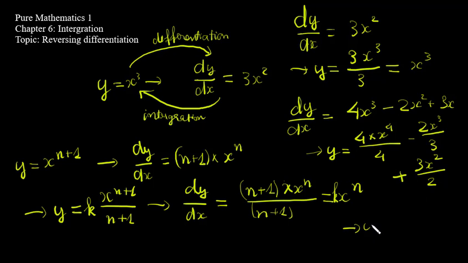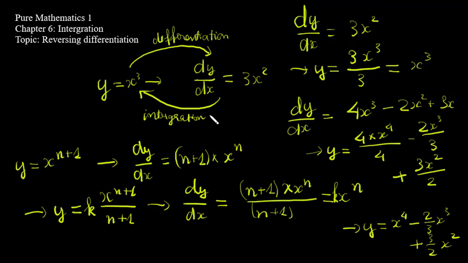So y will be equal to x to the power 4 minus 2 over 3 x cubed plus 3 over 2 x squared. This is how we can find the equation from the gradient by using integration.